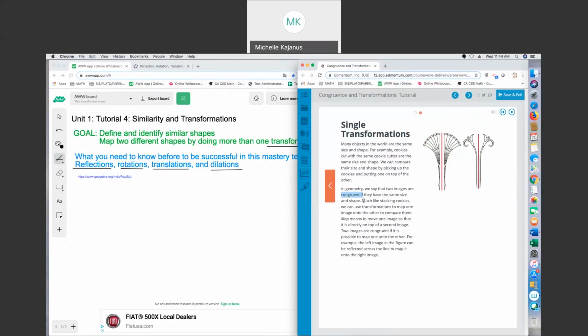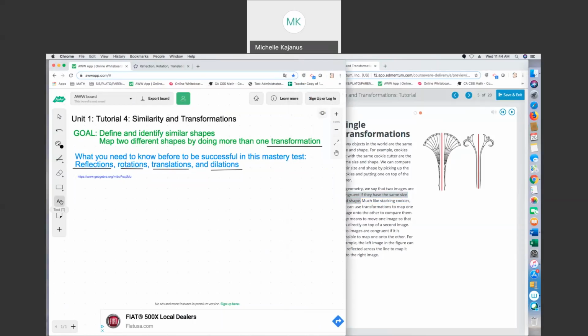Two shapes are congruent if they have the same size and shape. Instead of saying, oh, this shape is the same as this one, they're going to use the word congruent. This is an important piece of vocabulary to remember. So what I would do, I would write it in your notebook. Begin with those notes.